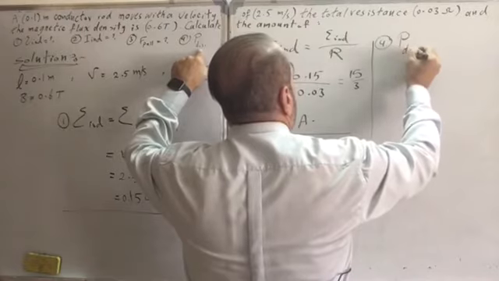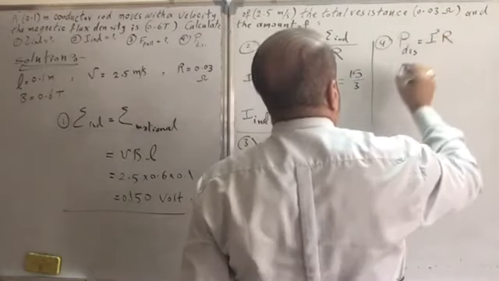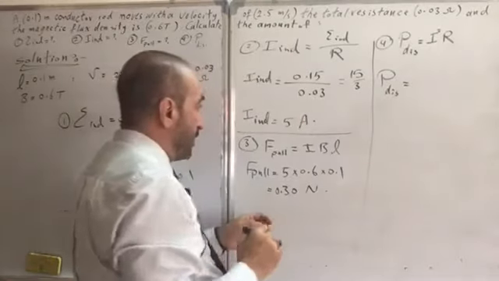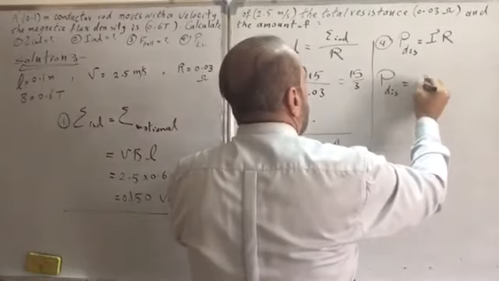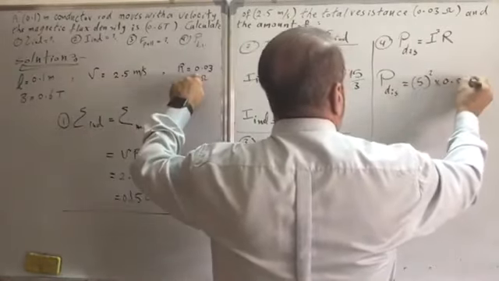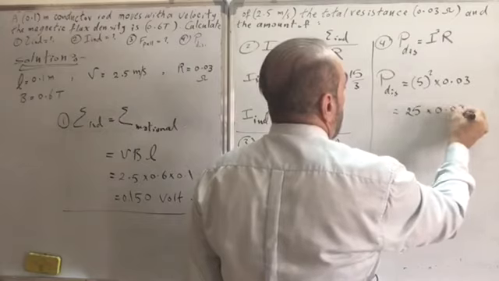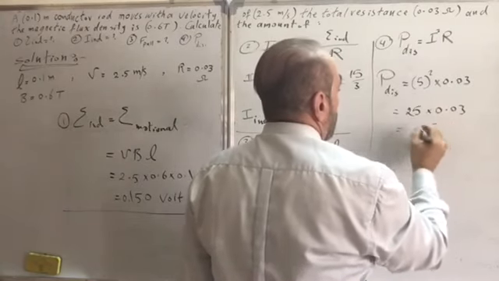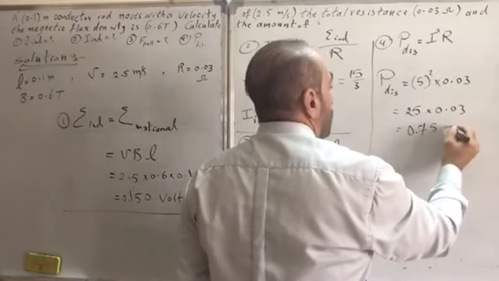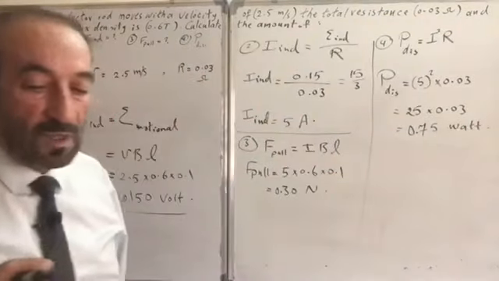P dissipated equal I squared times R. P dissipated equal I, 5, squared times R, 0.03, equal 25 times 0.03 equal 0.75. The unit is watt. أعتقد السؤال سهل.